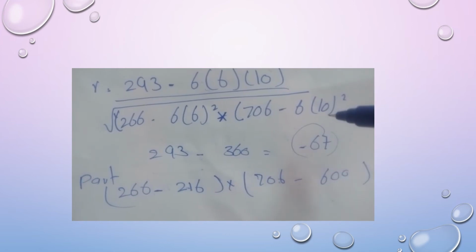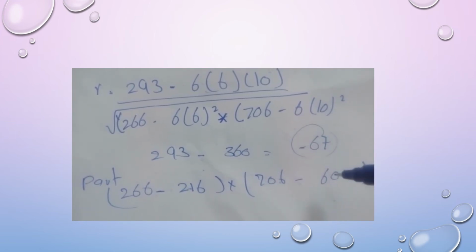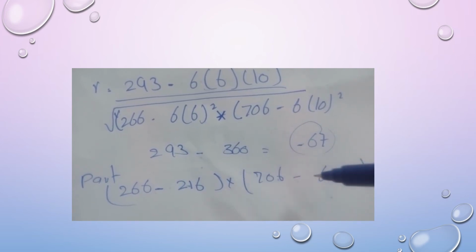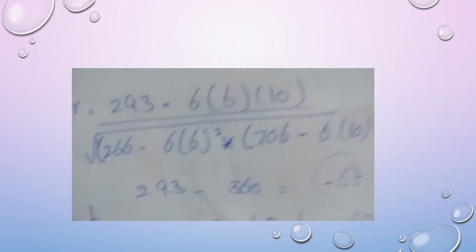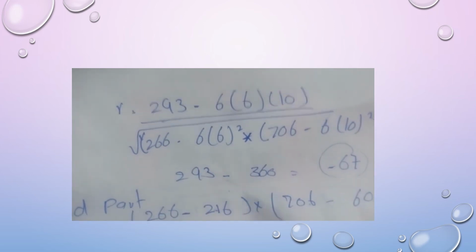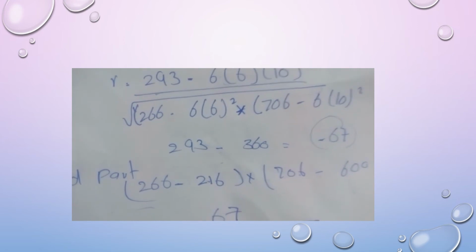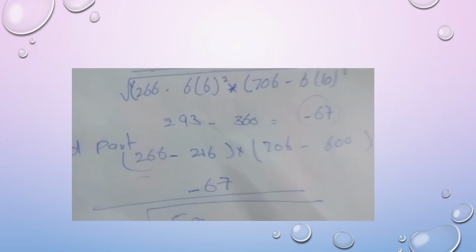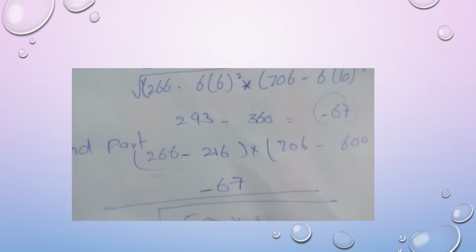And then 6 multiplied with 10 square, and the answer of this is 600. 706 minus 600, and let me solve. The answer of this part is minus 67. 266 minus 216, the answer is 50. Multiply with 706 minus 600, the answer is 106.